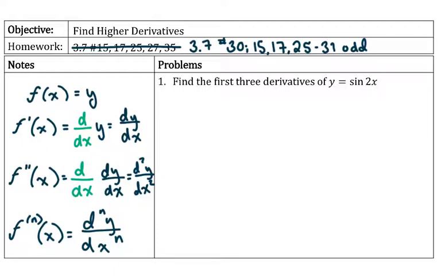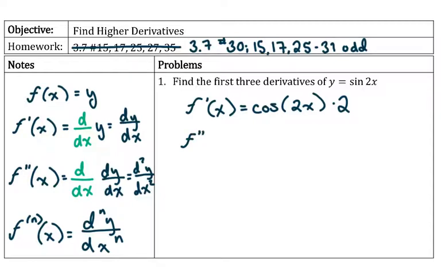So let's find the first three derivatives of y is equal to sine of 2x. So this is a straightforward chain rule, and we're going to start by saying that f prime is cosine of 2x times the derivative of 2x, which is 2.